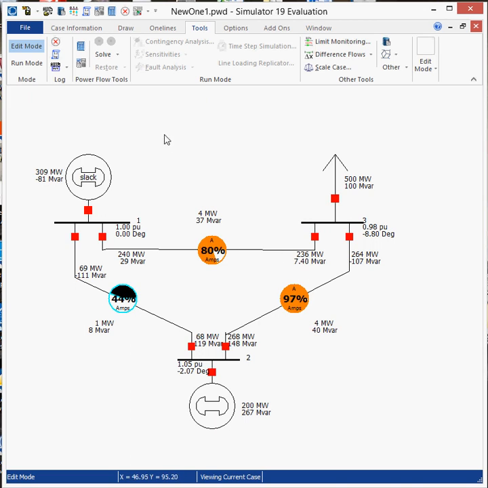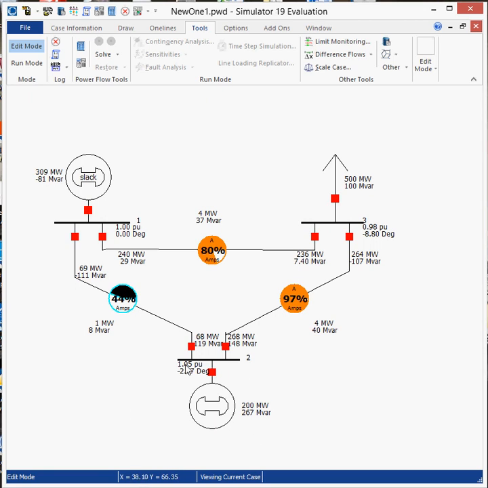for this system. So we have a load which requires 500 megawatt and 100 Mvar. But your generation only produces 200 megawatt and 267 Mvar.